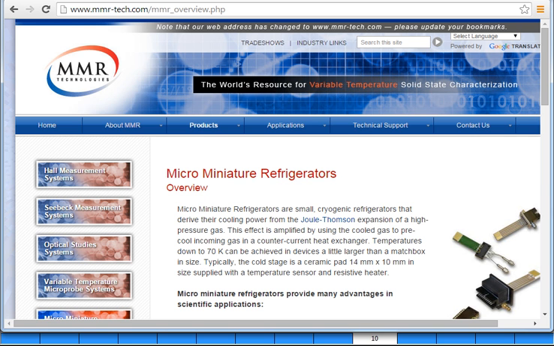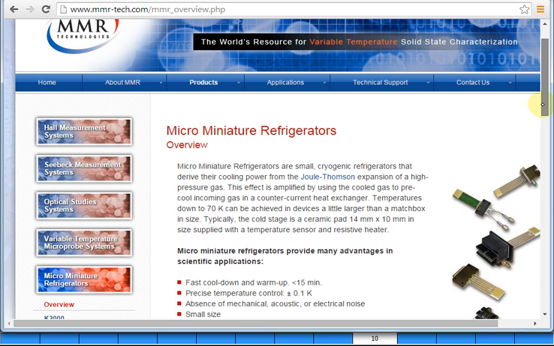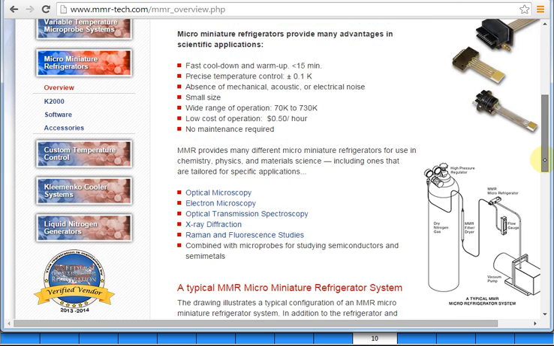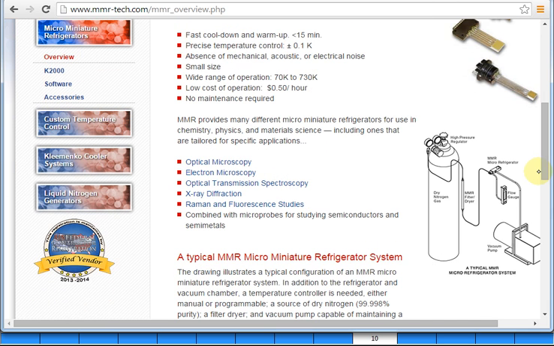But when you're in the world of small things, miniature micro refrigerators, you can sometimes just continue to use the Joule-Thomson coefficient to get things cold. So if you have a bottle tank of nitrogen, right here, they're showing that, going through a filter, there's a micro refrigerator, and you can have very, very low temperatures in the spot locations.